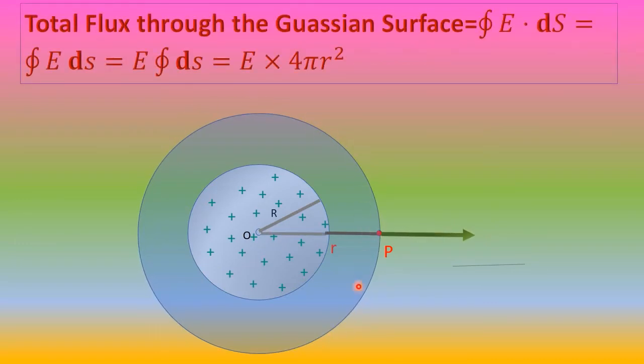Since the electric field lines are normal to the Gaussian surface, total flux through the Gaussian surface is equal to closed integral E dot ds, which is equal to closed integral E ds, which is equal to E closed integral ds. Closed integral ds is the total surface area of the Gaussian surface, that is E into 4 pi r square.